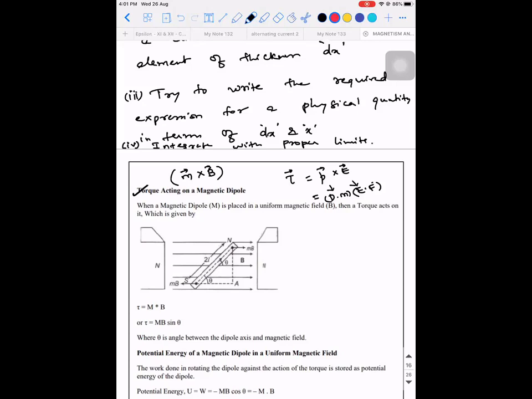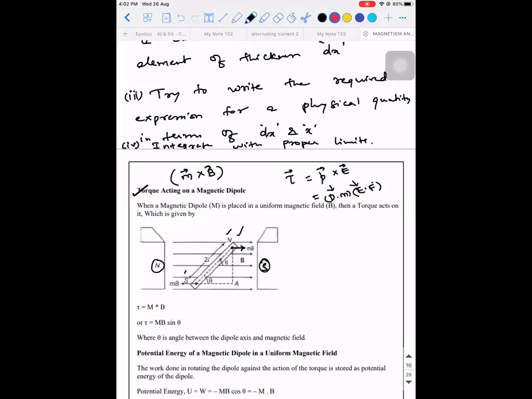Okay. So you have a north pole and a south pole, and between them you have placed a magnetic dipole, which also has a north pole and a south pole associated with it. The north pole of this magnetic dipole will experience a force in this direction.